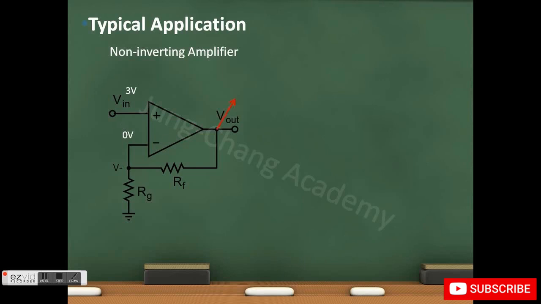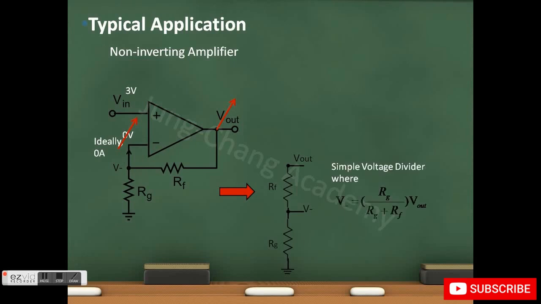As Vout increases, V- will also increase because no current flows into the negative terminal. So this part of the circuit will just look like a voltage divider, where V- equals Rg over Rg plus Rf times Vout.